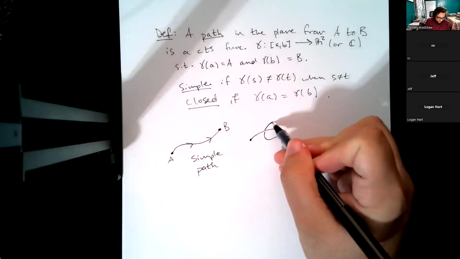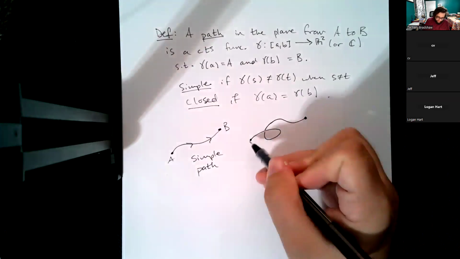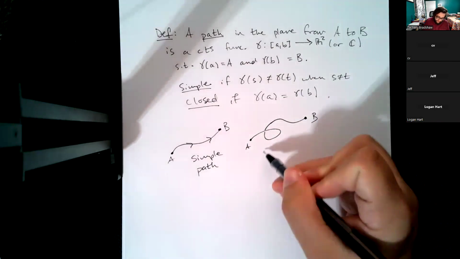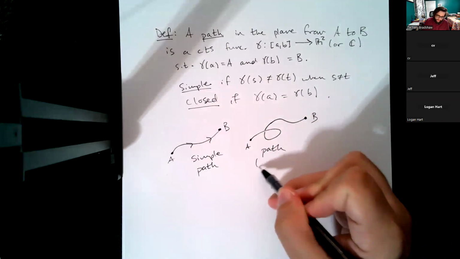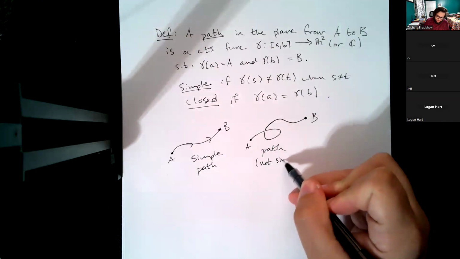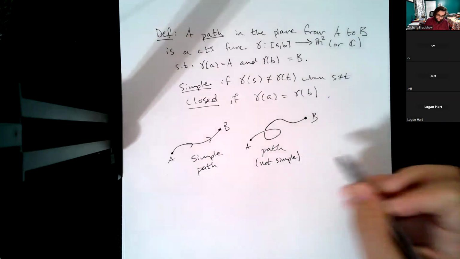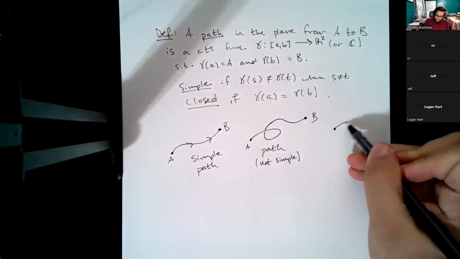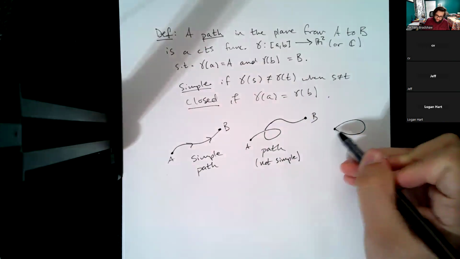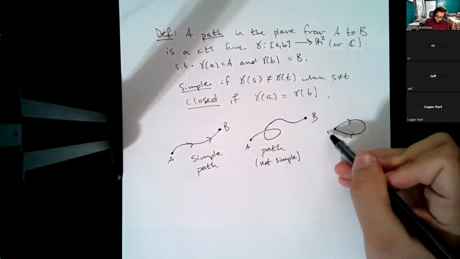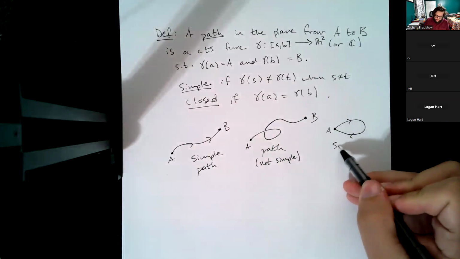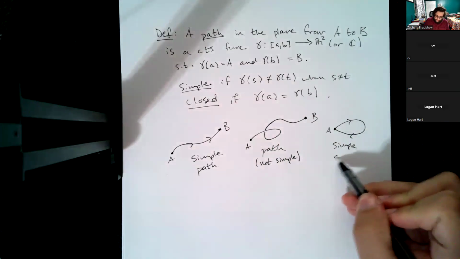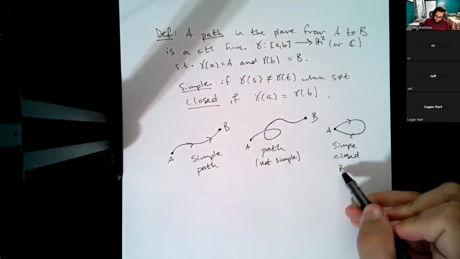It crosses here. This is certainly a path, but it's not simple. And then we could have something like this, which is a simple closed path.